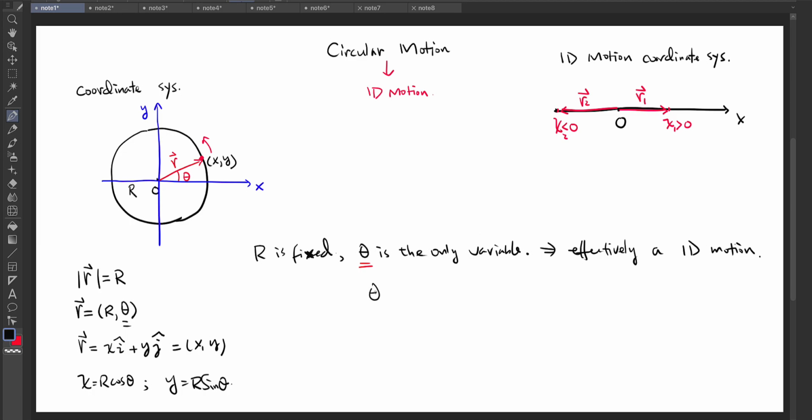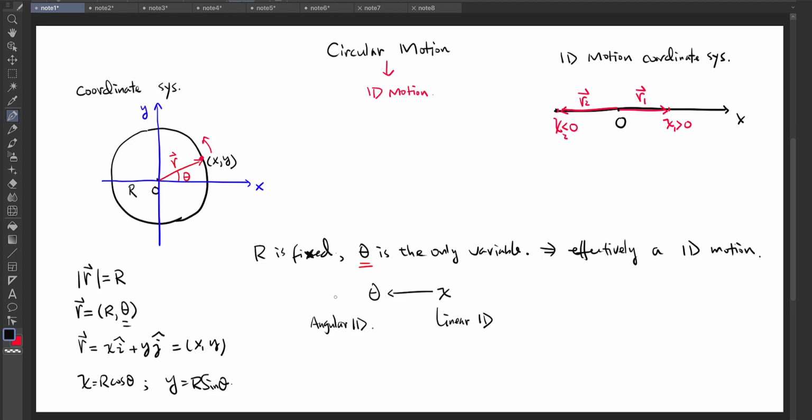So theta is going to replace the x in linear 1D motion. So we're going to have a linear 1D motion and angular 1D motion. Okay, so theta here represents an angular coordinate.